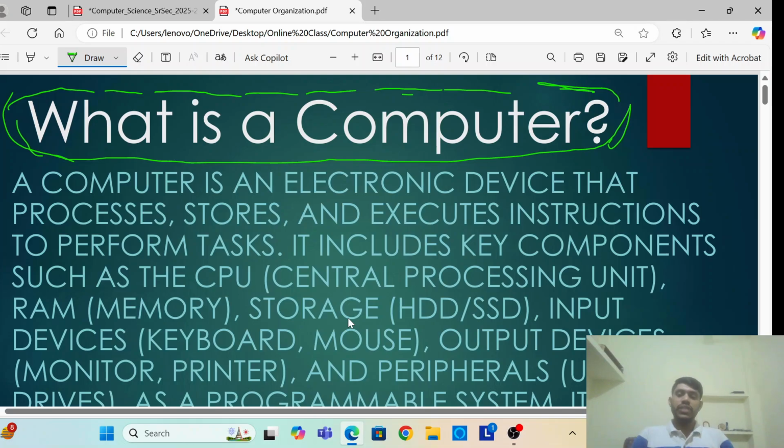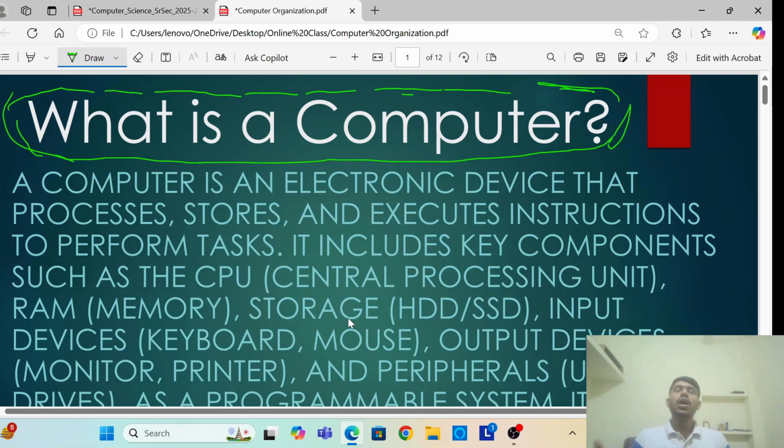In different offices, schools, colleges, universities, medical, pathology labs, everywhere now the use of computer is mandatory. Without that, we cannot imagine the next things. It is the development of different technology related to computer.